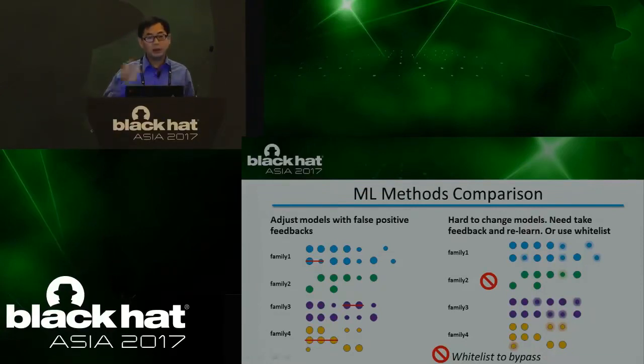But for the supervised, you have a model and it's hard to manually modify. You have to either relearn with information that this is white, or use some kind of whitelist. But a whitelist is not very effective, because it is based on the domain, URL and parameters. So if the same parameter happens on other domains, you're probably not able to bypass it.